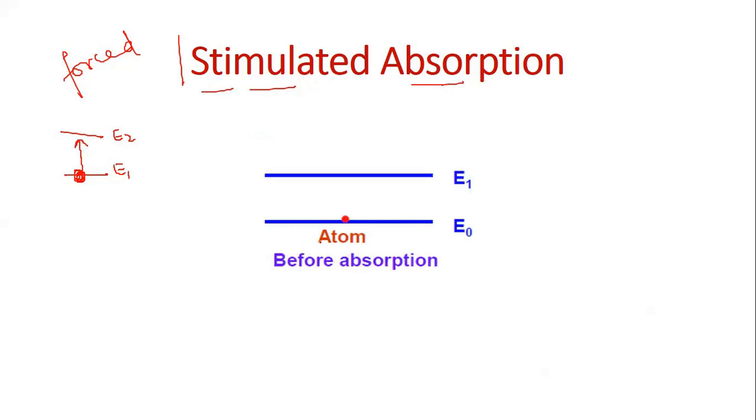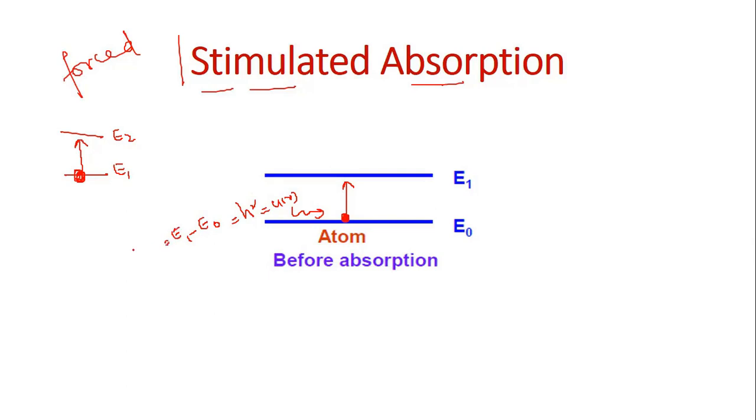But we want emission, so this atom has to go to the excited state, and for that we have to supply some energy. So we incident an external photon having energy h nu, and this energy is equal to the difference of these two states. Only then can this atom absorb energy and jump to the excited state.